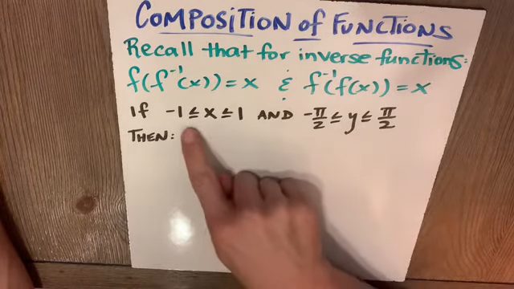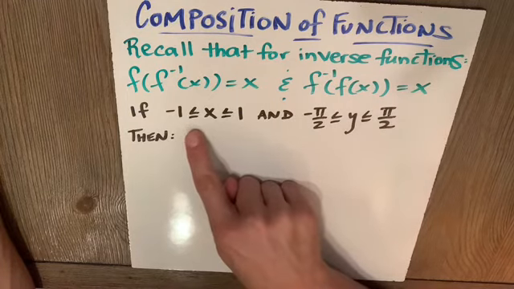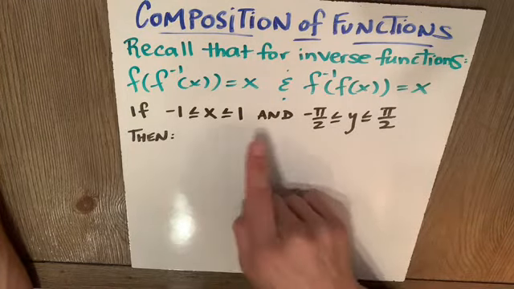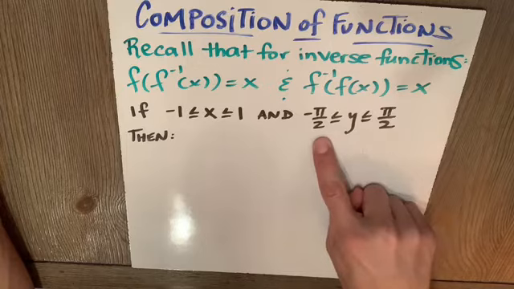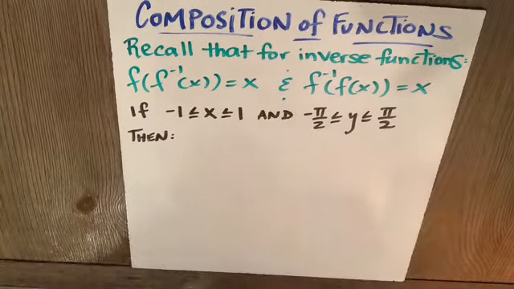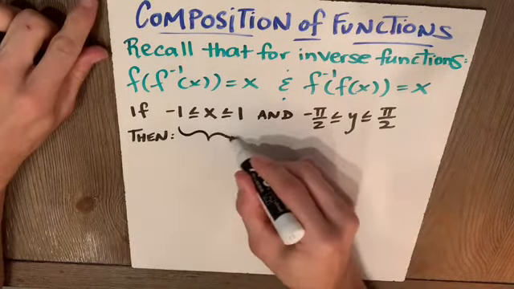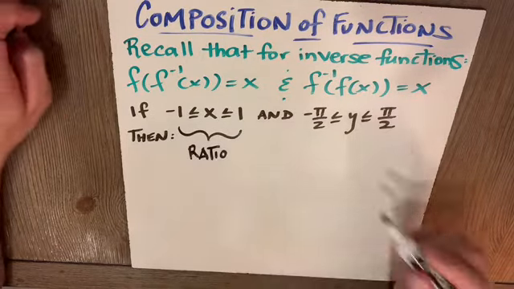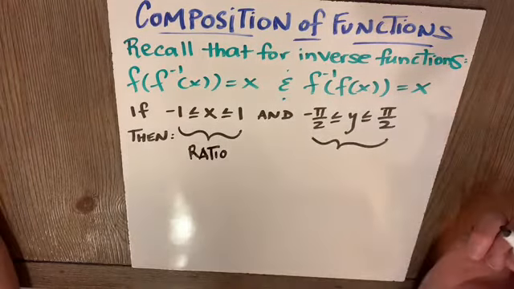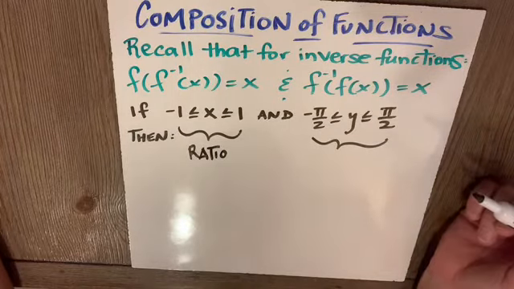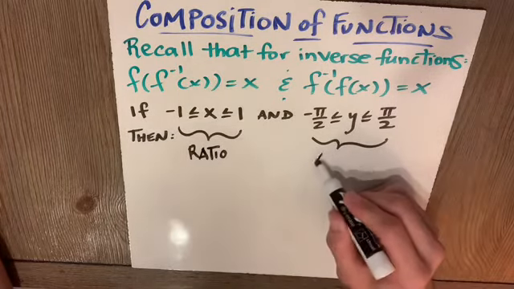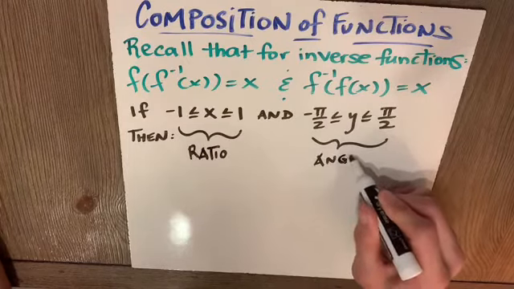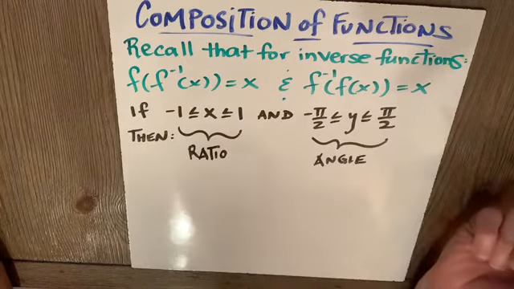So look what I've written here. If x is between -1 and 1, and y is between -pi/2 and pi/2, well, -1 and 1, that sounds like a ratio to me. And between -pi/2 and pi/2, sounds like that's in radians. What do we measure in radians? That's the angle. So I'm going to make a few statements here.